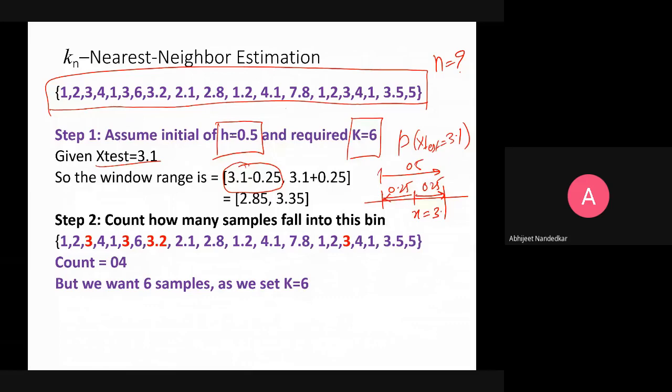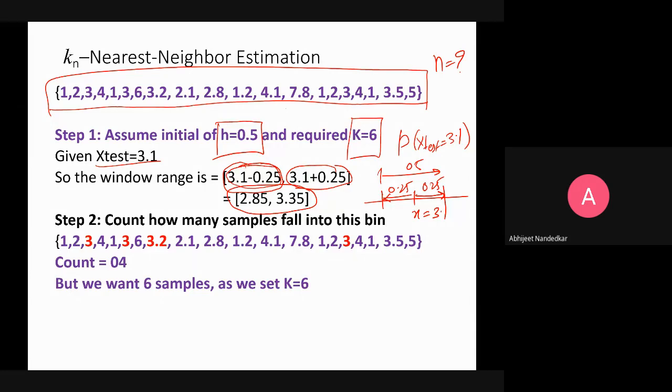So h equal to 0.5, that means half of that is 0.25. So 3.1 minus 0.25 is the lower side, and 3.1 plus 0.25 is the higher side. So total range for my window is 2.85 up to 3.35.